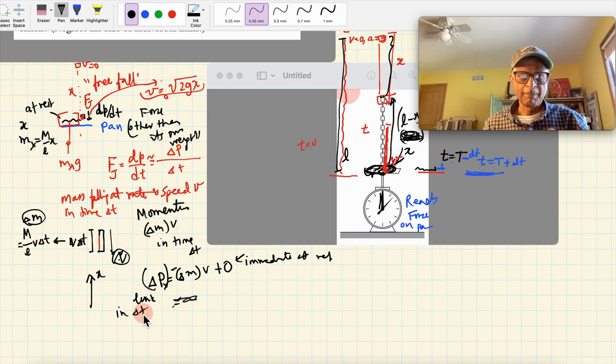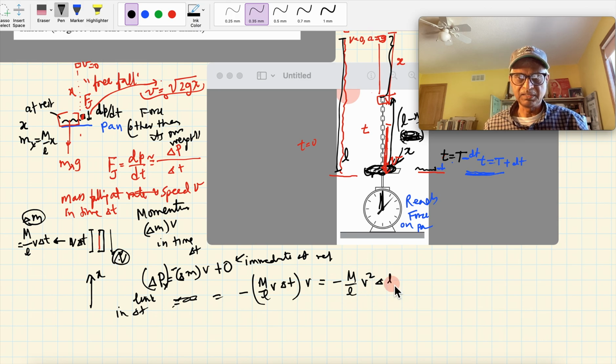So you can write down minus delta m is m over l v delta t, and then times v. So actually it's minus m over l v squared delta t.